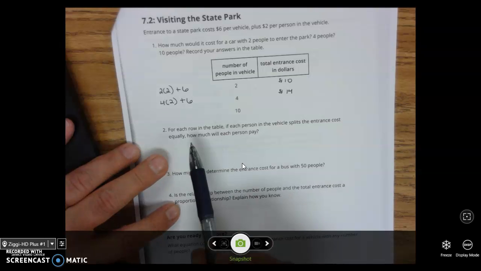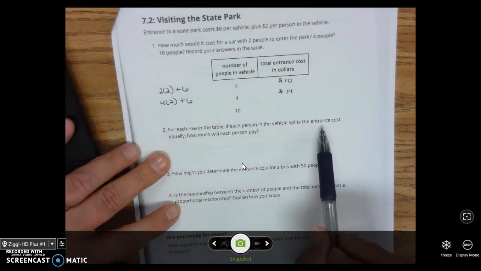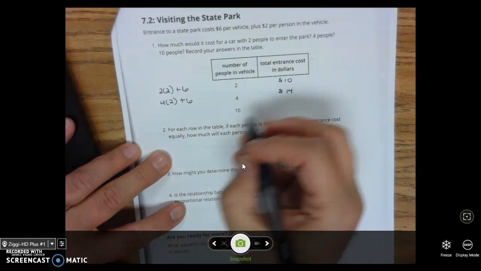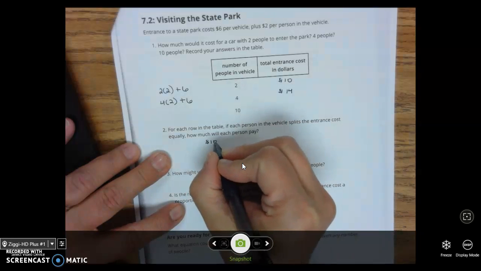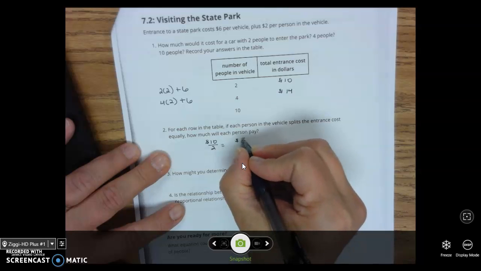Then it says for each row in the table, if each person in the vehicle splits the entrance cost equally, how much will each person pay? So for this first row, it was $10. And there's 2 people in the car, so they're each going to pay $5, right? We're splitting it 2 ways.